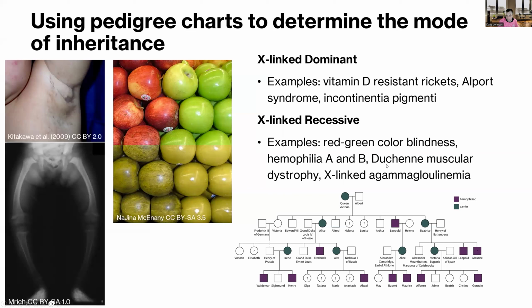By the way, I mentioned hemophilia A and B. Here's Queen Victoria, and you can see how she passed it all down. Eventually, to one of her children, grandchildren, great-grandchildren, Alexei, who was the son of Tsar Nicholas, who was married to one of the granddaughters of Queen Victoria, Alex, and passed this on.